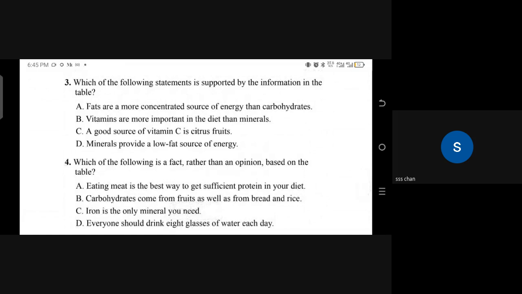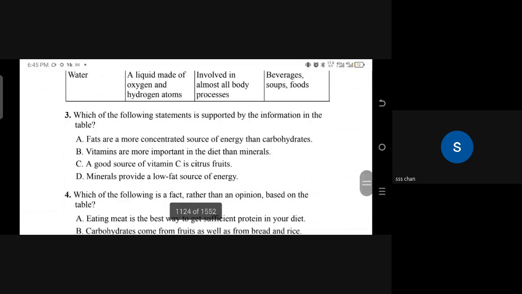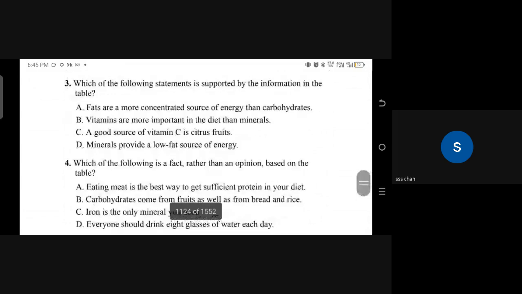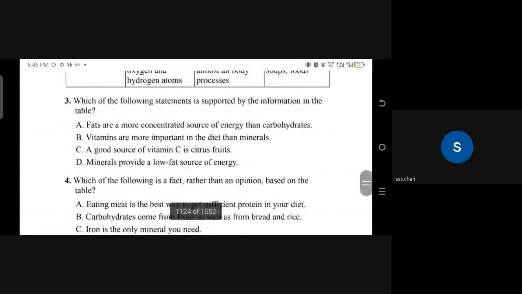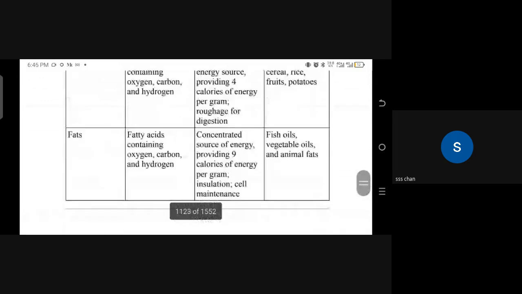Now, from the table, which of the following is a fact rather than an opinion? Let's look at the table. Protein.